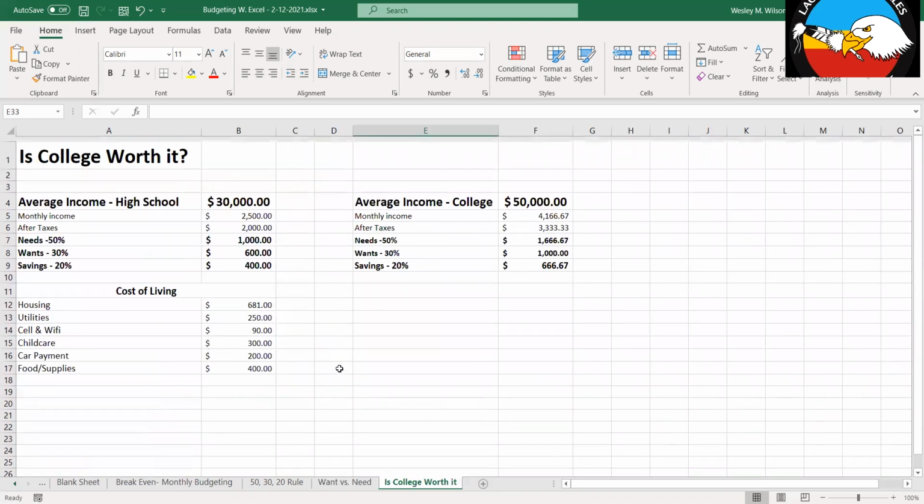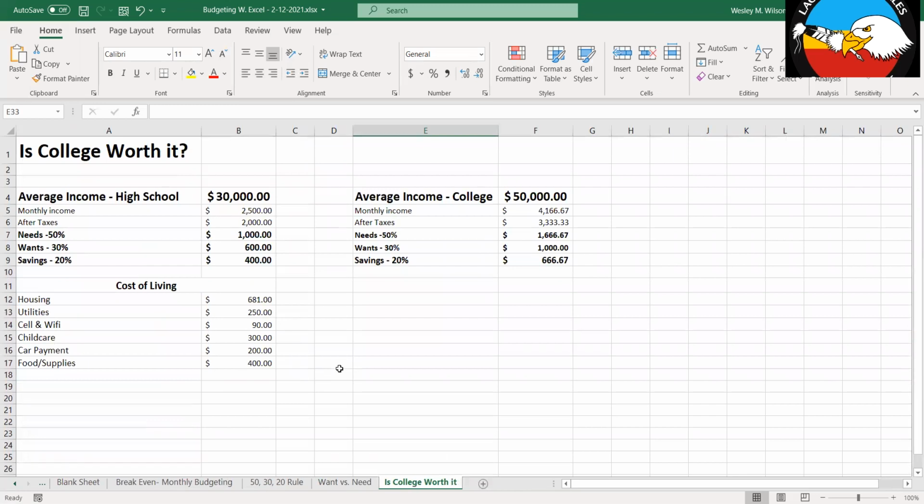So the last slide here, I just wanted to do some calculations and ask you, do you think that college is worth it? Down here is the cost of living in Wisconsin. This would be the general cost of living. Housing at a 1 bedroom, 1 bath apartment is $688. Utilities is roughly $250.